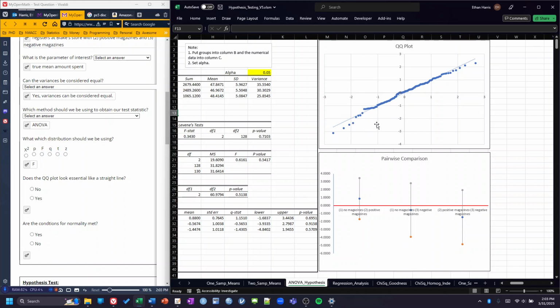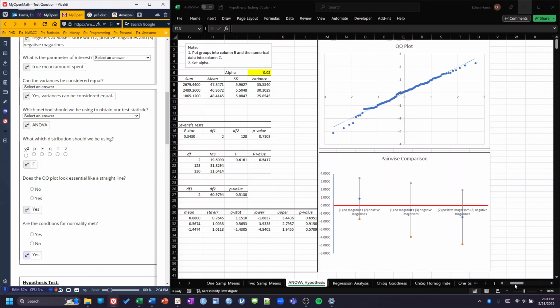This looks really good. If we had some major deviations, like it looked like a big cubic or a sinusoid, or some weird pattern going on, then we would say that it doesn't look like a straight line. But here, we're going to say that yes, it does look like a straight line. And if it lands on a straight line, then we have our condition of normality. It means that our data is essentially normal.